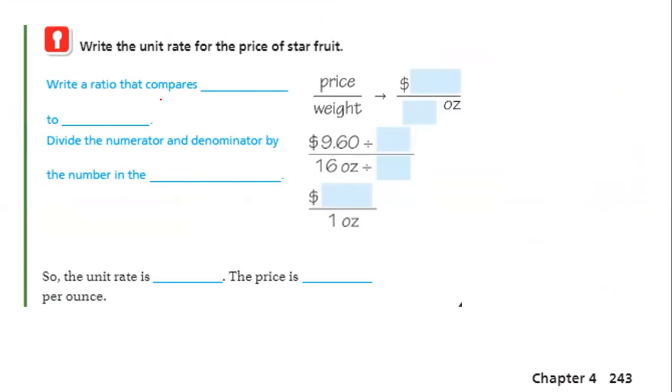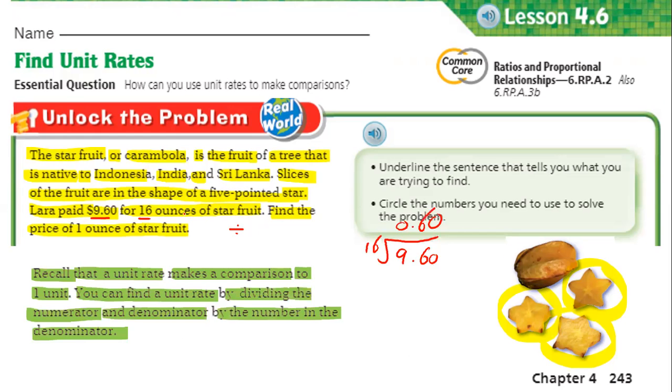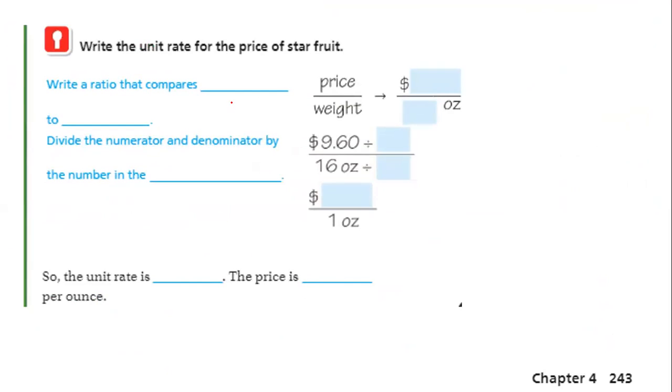Okay, let's go down. Write a ratio that compares between what and what? $9.60 to how many ounces do we have in the question? 16. Yes. So here it compares a price to the weight.